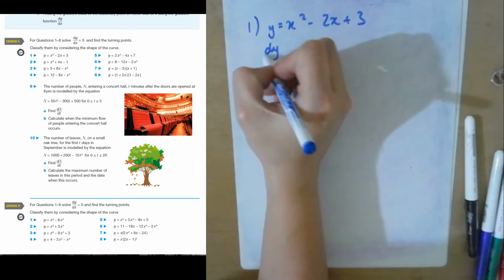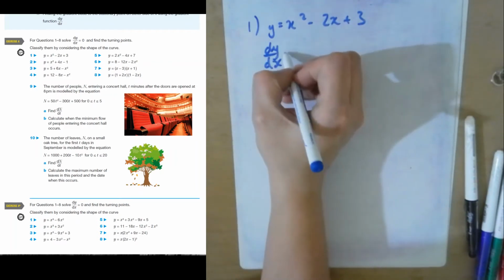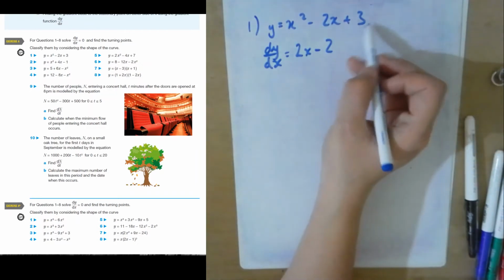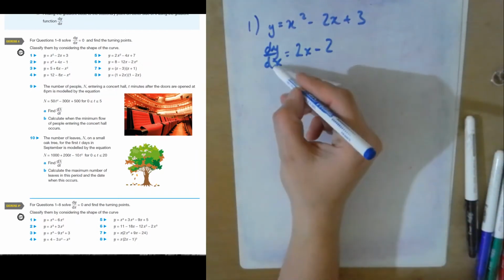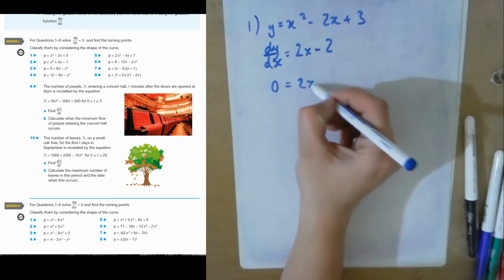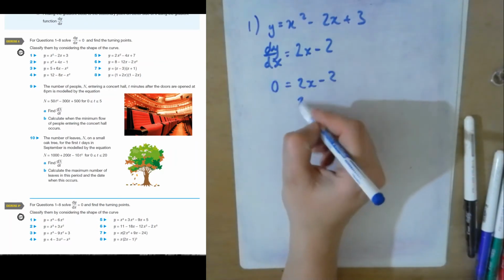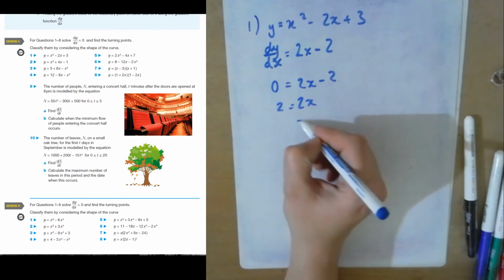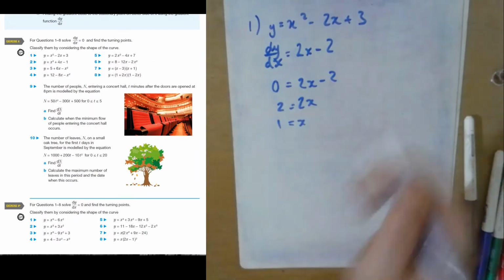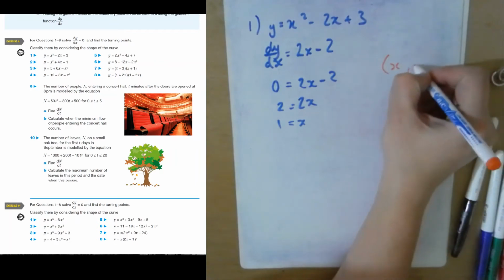Okay, so to find the turning point, I know the gradient's going to be 0. So dy/dx is 2x take away 2. This becomes 0. So dy over dx, which is my gradient, will become 0. That means I just need to solve this. 2x equals 2, x equals 1. I know that I've got x, y.